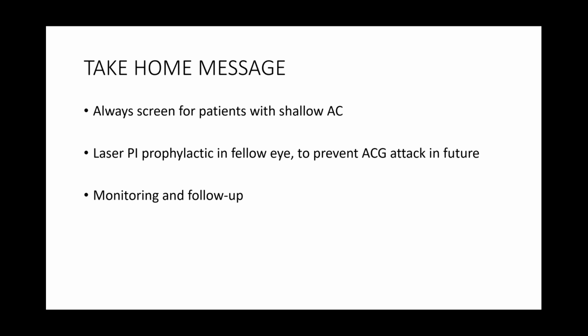Then you suture it back so that some amount of aqueous keeps draining through this conduit, controlling the IOP. Monitoring and follow-up of such patients is important. If there's any secondary cause of glaucoma, you have to rule that out and treat the cause accordingly. All right, any doubts, any of you?